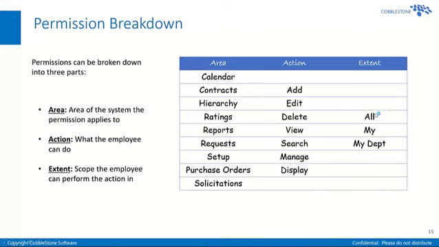Of course, then you also have all, and that really means exactly what it says. So if I have contracts, edit all, a user with that could edit every and any contract inside of CobbleStone.